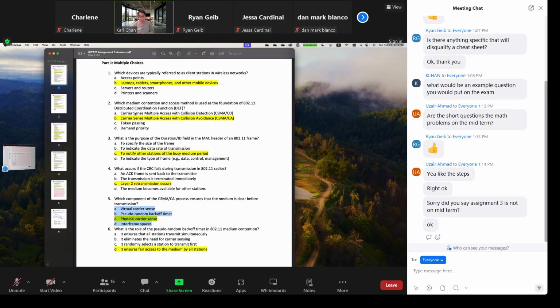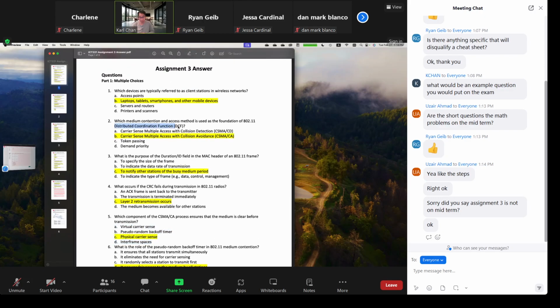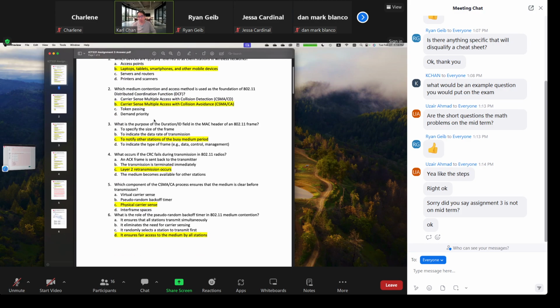These are the techniques included in the DCF, and this DCF is doing the carrier sense multiple access with collision avoidance scheme. So remember this.